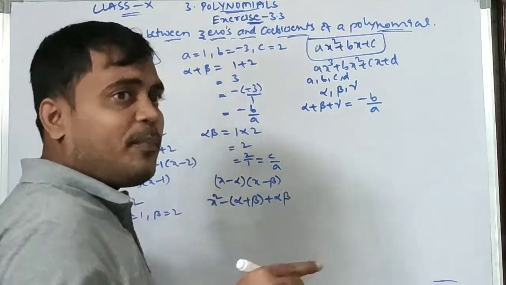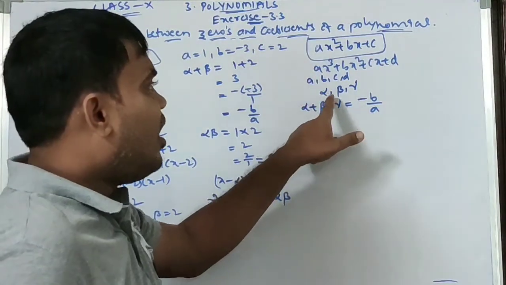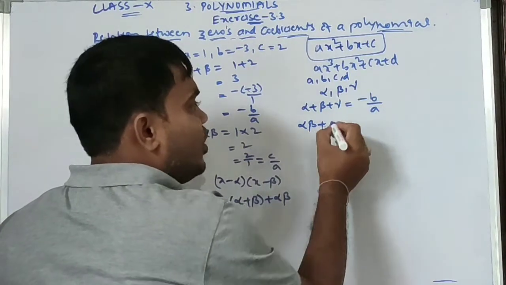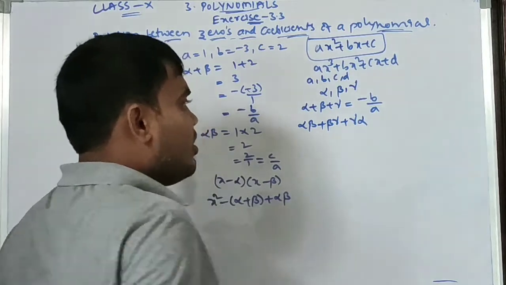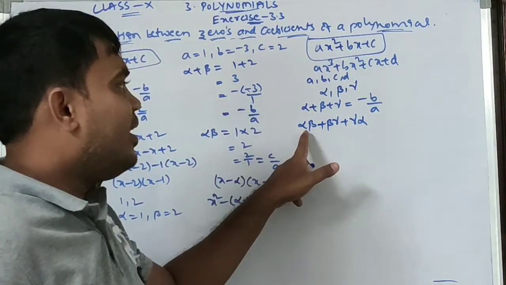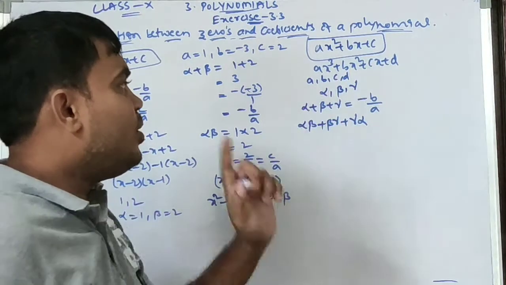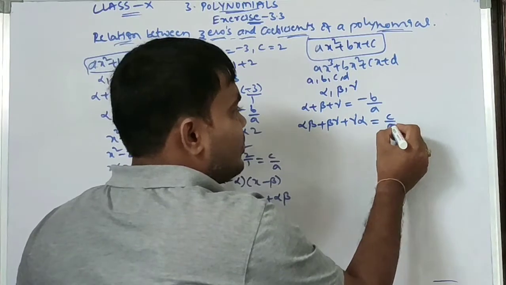Next, the sum of products of two roots at a time: alpha into beta plus beta into gamma plus gamma into alpha. This is equal to c by a.